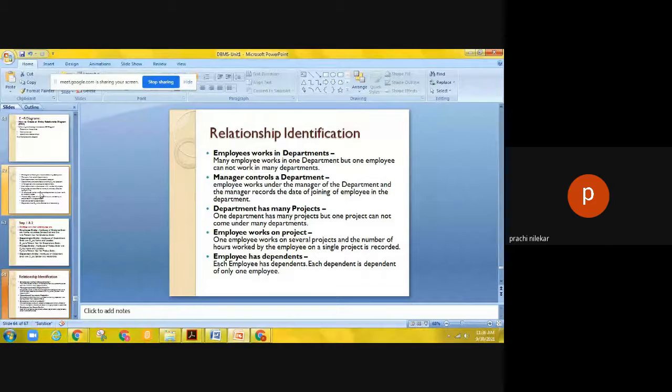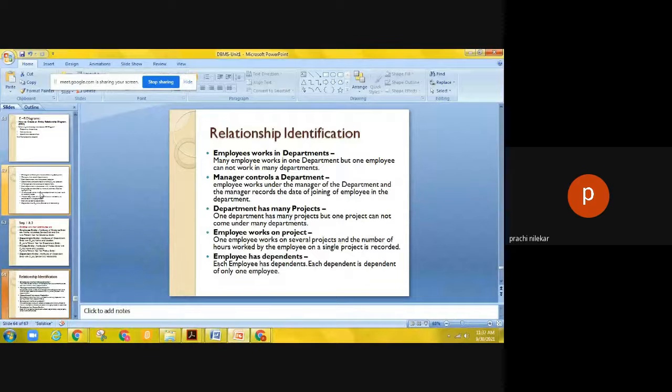So which kind of relationship is it? Cardinality: many employees, one department. And one department, many employees. If employee is at the left-hand side and department is at the right-hand side, which kind of relationship?